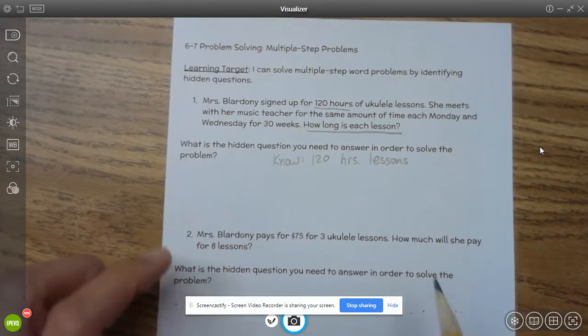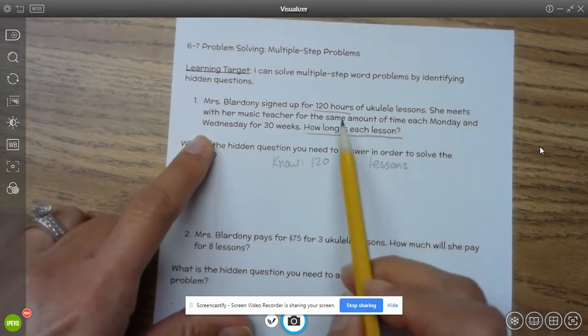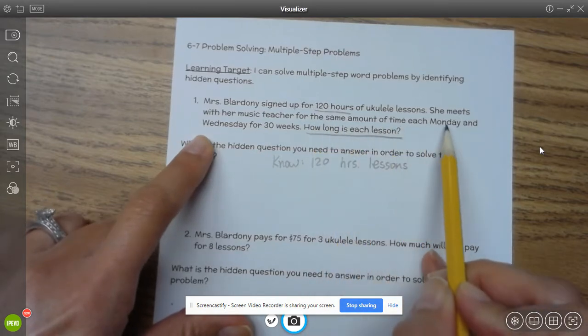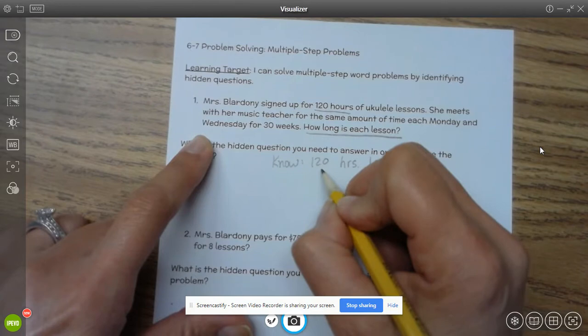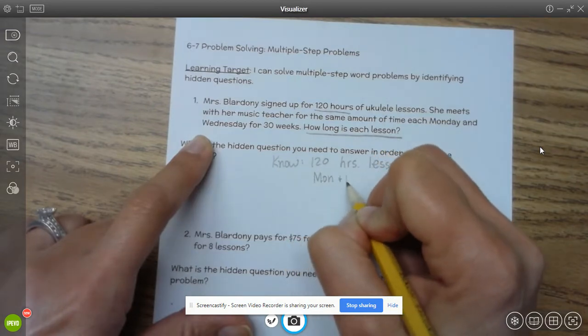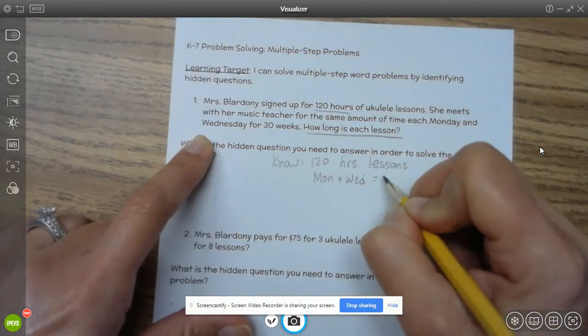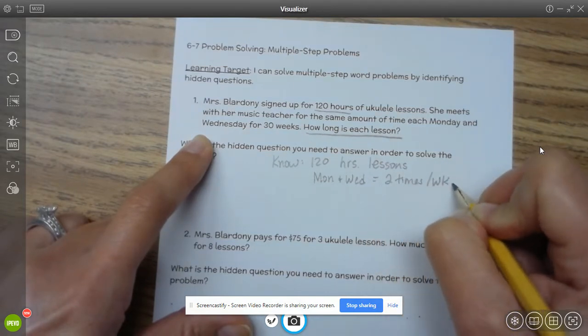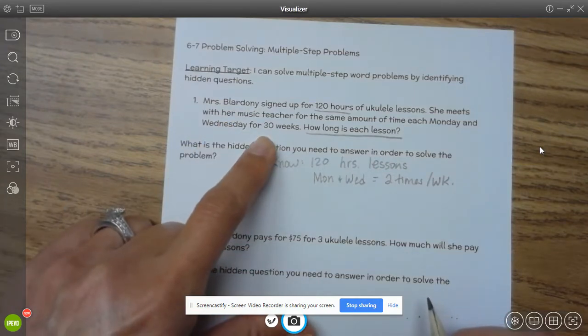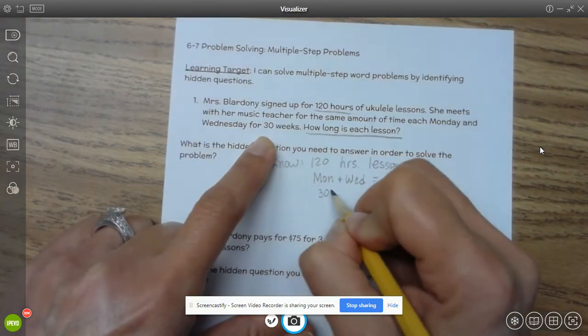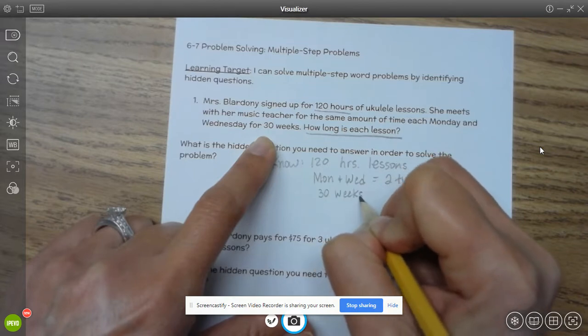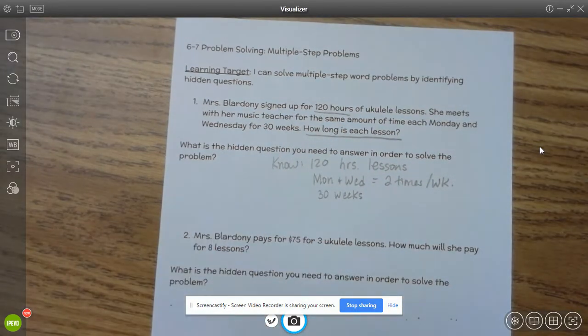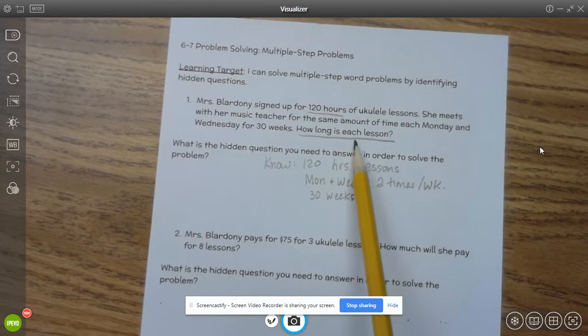And I also know that I meet with my music teacher the same amount of time each Monday and Wednesday. So I meet on Monday and Wednesday, which is 2 times a week. And I also know that I meet for 30 weeks. So in order to answer the question, how long is each lesson, I'm going to have to ask myself, well, what do I need to know in order to answer this question?